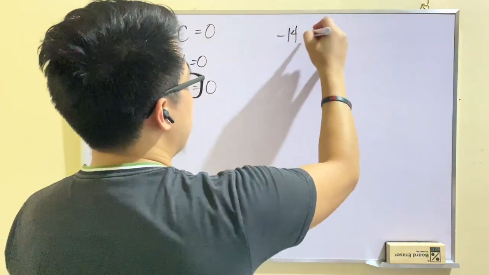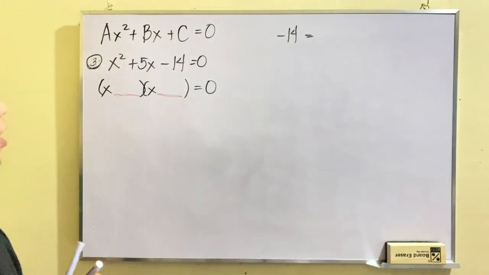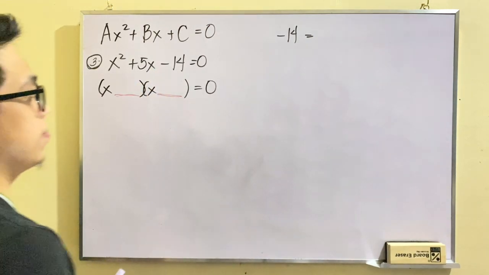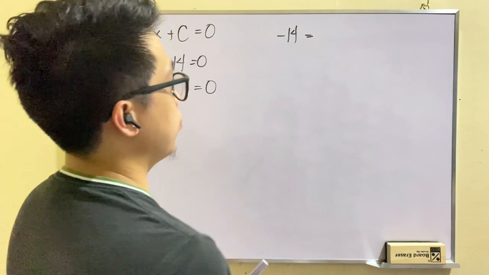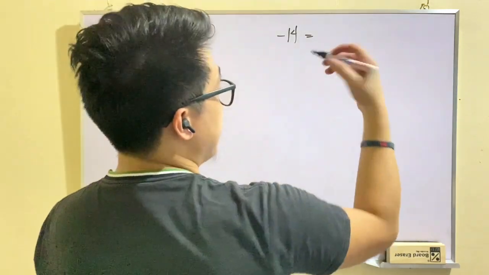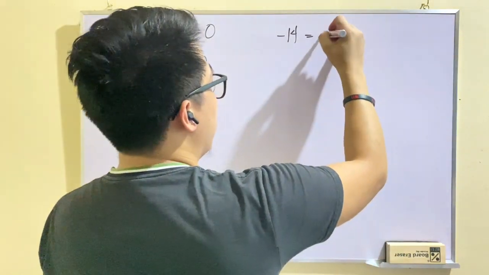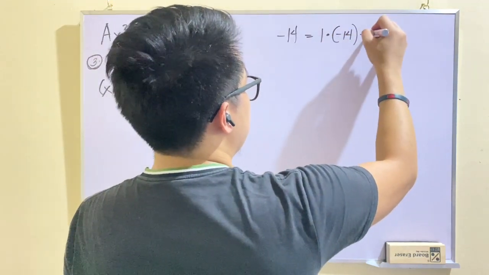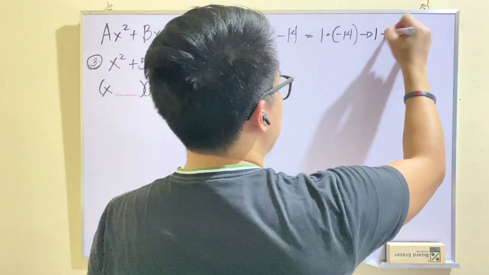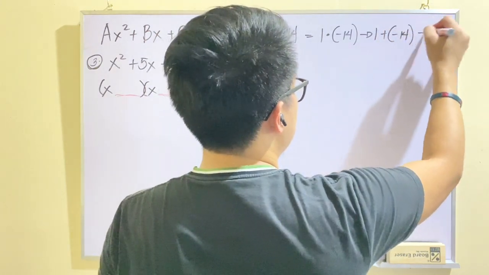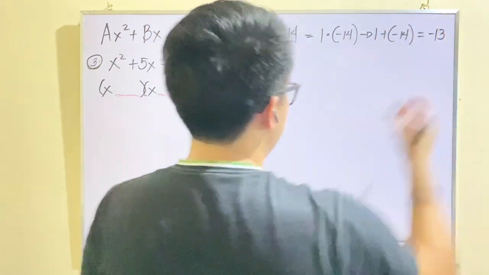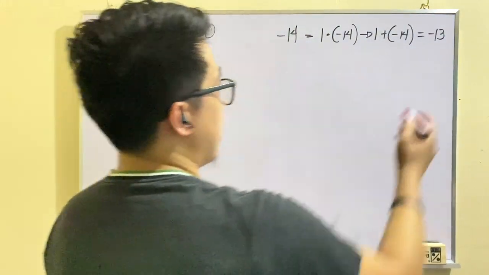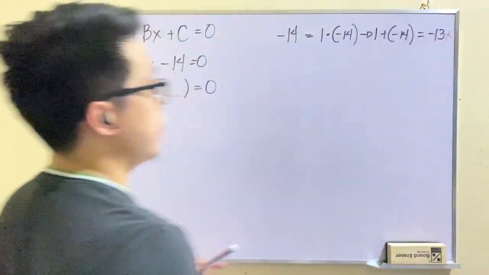Negative 14. Again, wag na wag kakalimutan yung ating sign. Napakahalaga ng ating sign. Isa-isahin natin ang factors ni 14 or ni negative 14 rather. So 1 times negative 14, kapag pinag-plus, 1 plus negative 14 is equal to negative 13, which is hindi siya yung hinahanap natin. Kasi ano bang hinahanap natin?